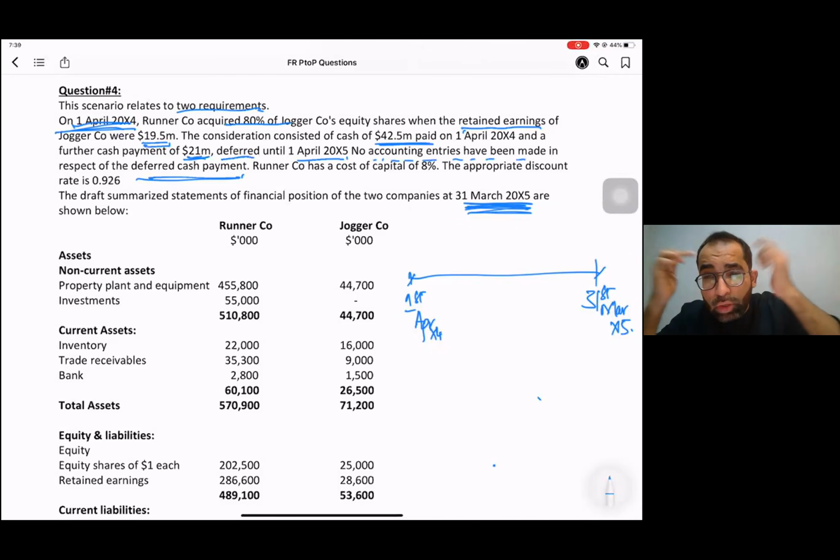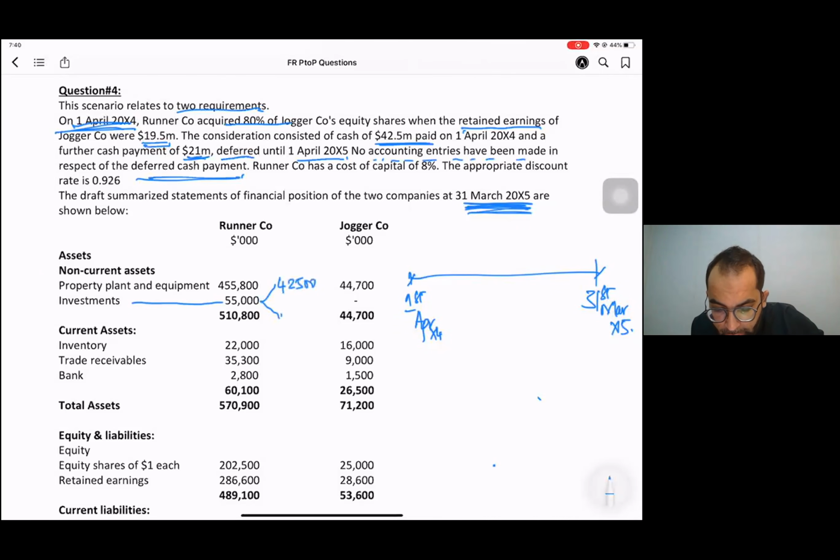Now please use your brain. On the asset side, investment is 55,000. In this investment, 42,500 is part of the cost of investment, the cash consideration.